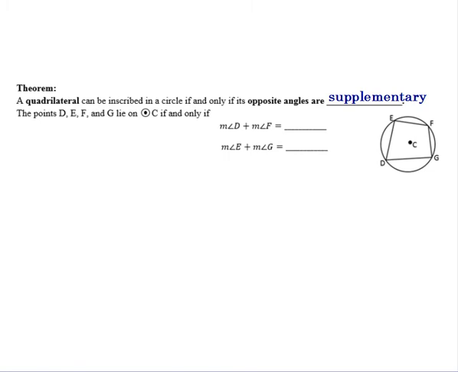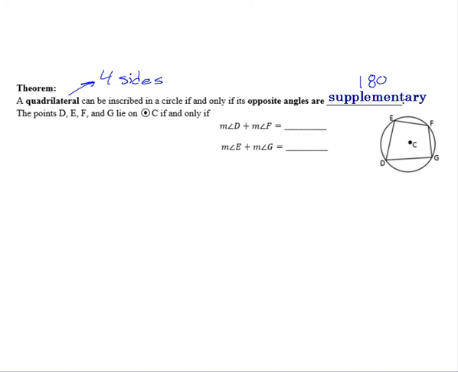Another theorem states that a quadrilateral, remember quadrilateral means it has four sides, any four-sided shape, can be inscribed in a circle if and only if its opposite angles are supplementary. Supplementary meaning it adds up to 180.